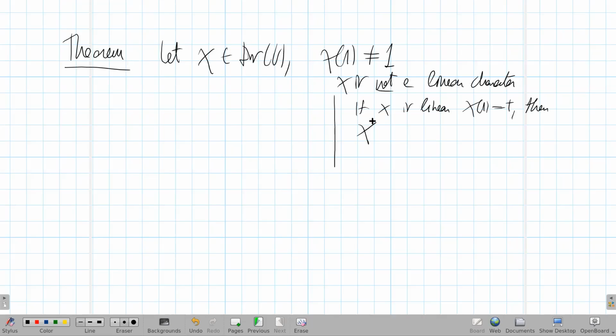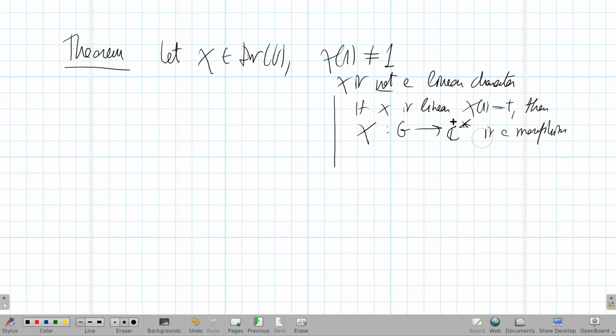So you are attaching to g a matrix of dimension 1, which means a non-zero complex number between square brackets. And so chi, which is just the number inside, is a morphism from G to C star, because we are taking invertible matrices.